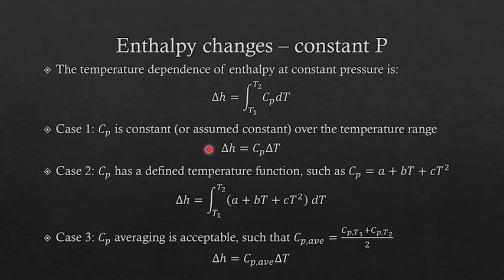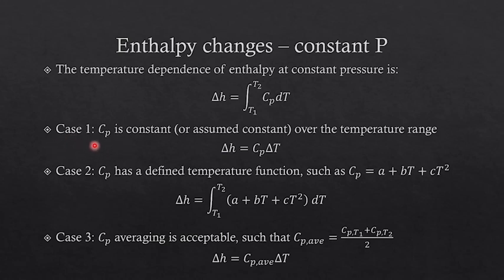Because from 25 to 50 degrees Celsius, there is not much difference in the value of heat capacity for air. However, if your integration range is from 25 degrees Celsius to 800 degrees Celsius, that already represents a big error because the heat capacity values of air at those two different temperatures are very different. So be careful in using case 1.